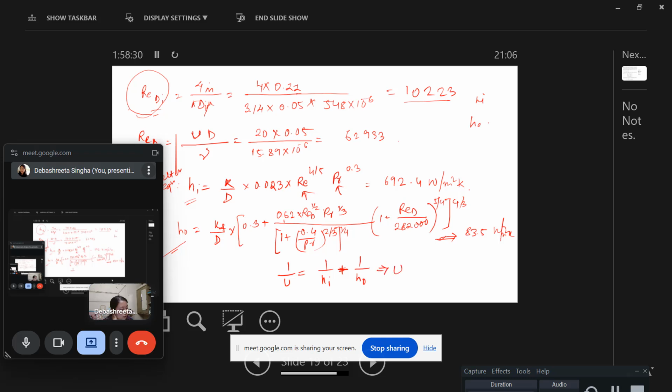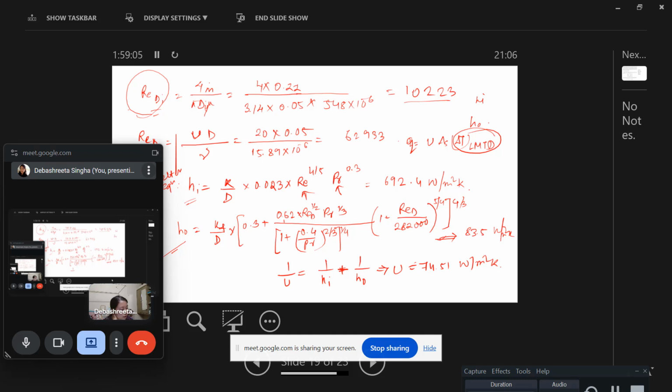From here, we get 74.51 watt per meter square Kelvin. Then we can calculate the length L from Q equal to overall heat transfer coefficient U into A_s into delta T LMTD. So we also need to find out this delta T LMTD.